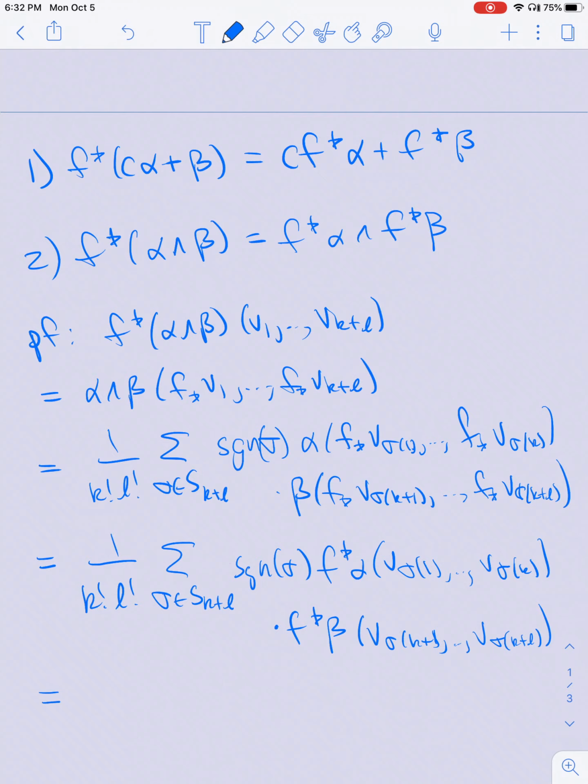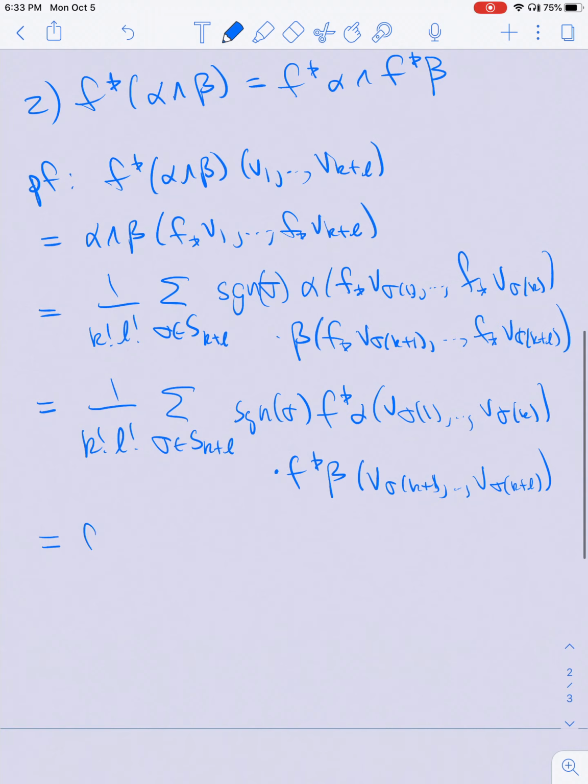And then this is exactly, by the definition of the wedge product, f pullback alpha wedge f pullback beta applied to v1 through v(k+l).